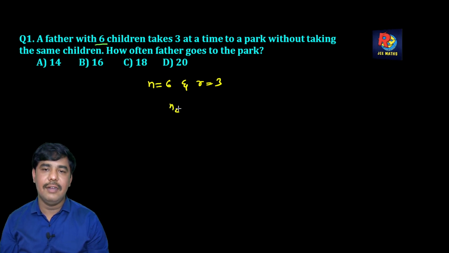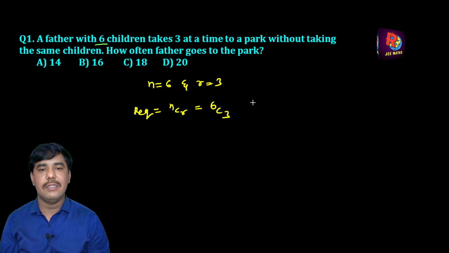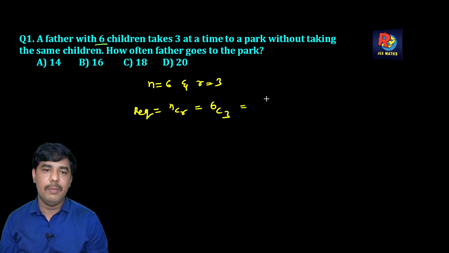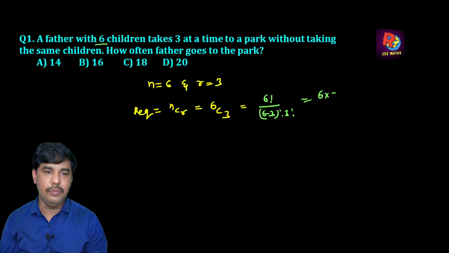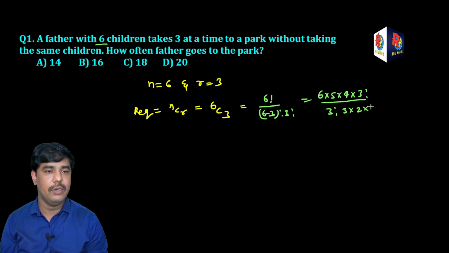So the required answer equals NCR, that is 6C3, so you need to apply the NCR formula: 6 factorial by (6 minus 3) factorial into 3 factorial. So 6 into 5 into 4 into 3 factorial, where 6 minus 3 factorial means 3 factorial, and 3 factorial expands to 3 into 2 into 1.